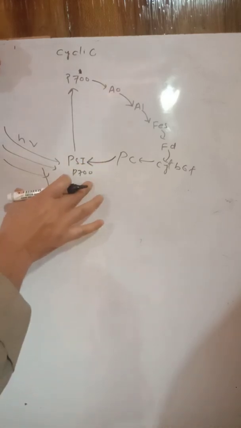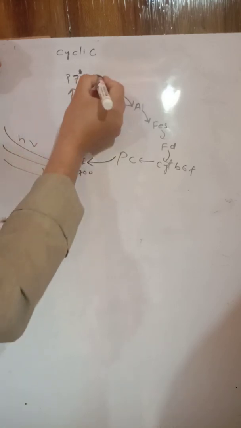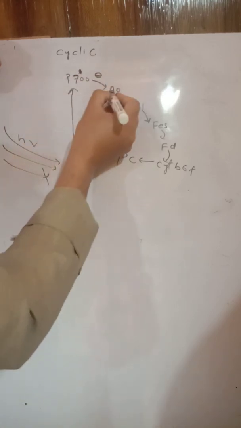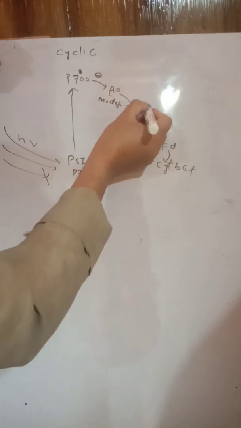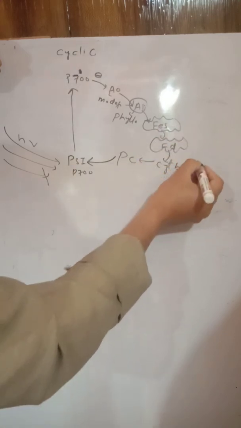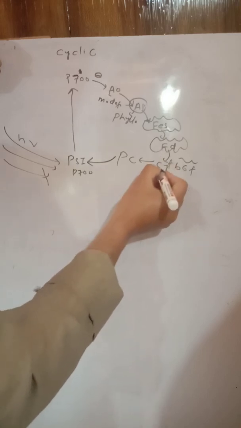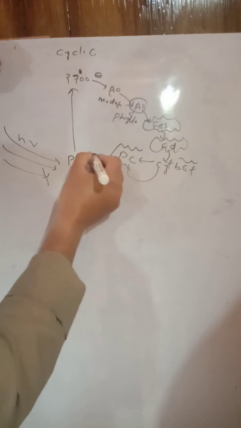When sunlight falls on pigment system first, that's P700, it gets excited to form P700 excited. Then it transfers the electron to A0, which is a modified chlorophyll. Then to A1, which is phylloquinone. From phylloquinone to the iron sulfur complex, from this to pyridoxine, from pyridoxine to cytochrome B6 complex, and from this to plastocyanin, which ultimately returns the electron back to the PS first position.